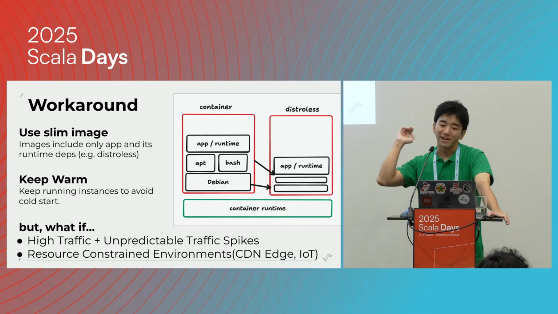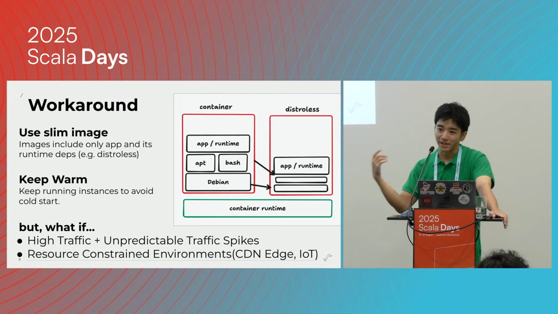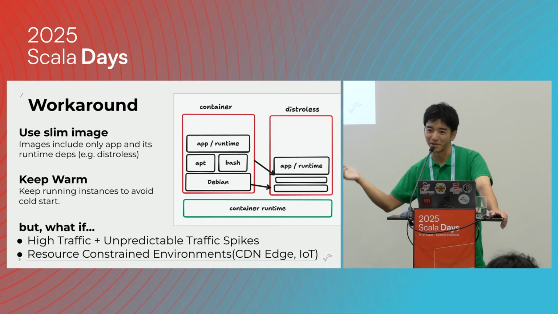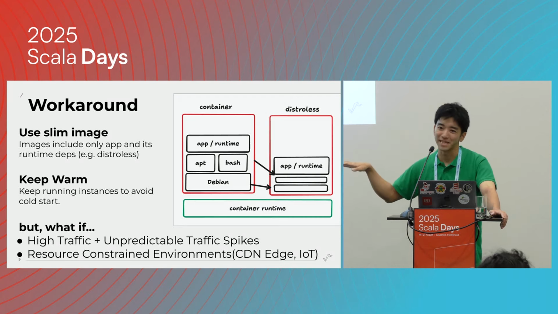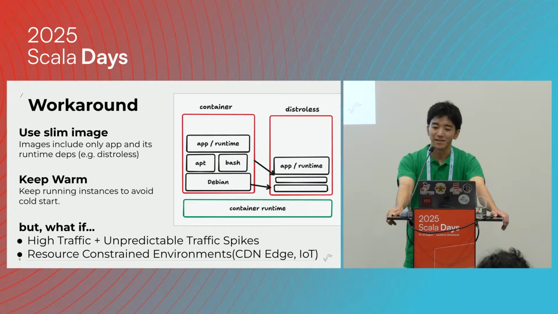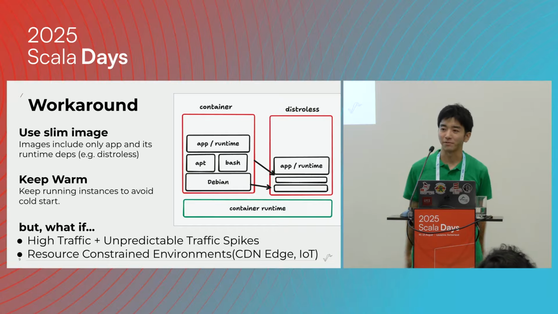But what if you are running a really, really high traffic application with unpredictable traffic spikes, maybe Twitter or X, or maybe some consumer applications?